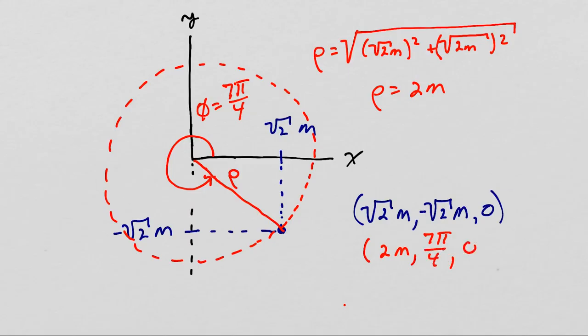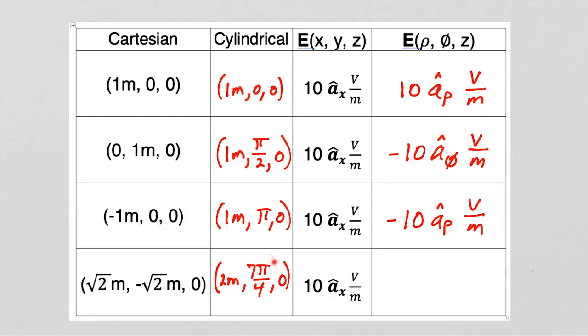And the z components are the same. Here are the cylindrical coordinates for this point in Cartesian coordinates. Let's now find the representation of our electric field intensity in terms of its components in the cylindrical coordinate system.